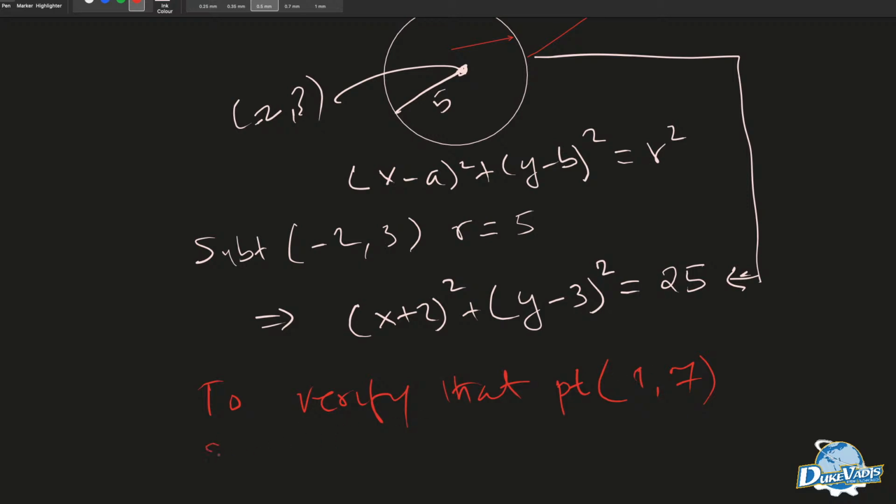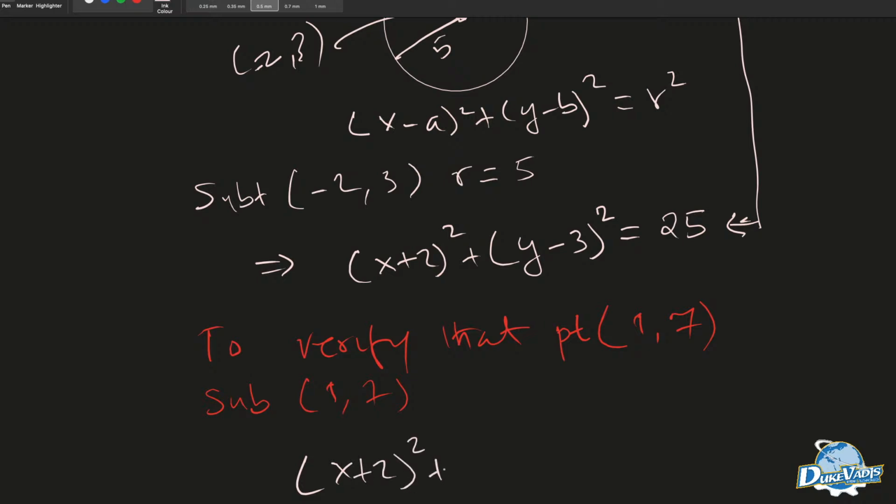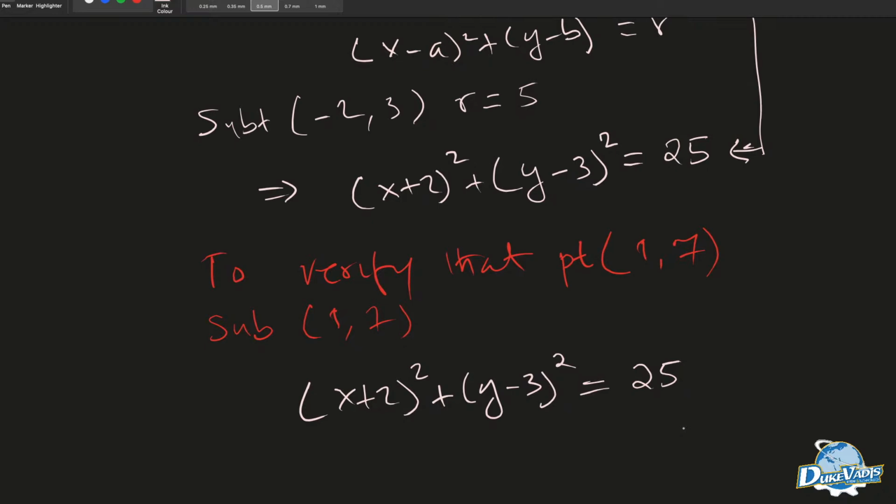So we substitute the values 1 and 7 into our equation (x plus 2) squared plus (y minus 3) squared is equal to 25, knowing the radius to be 5.